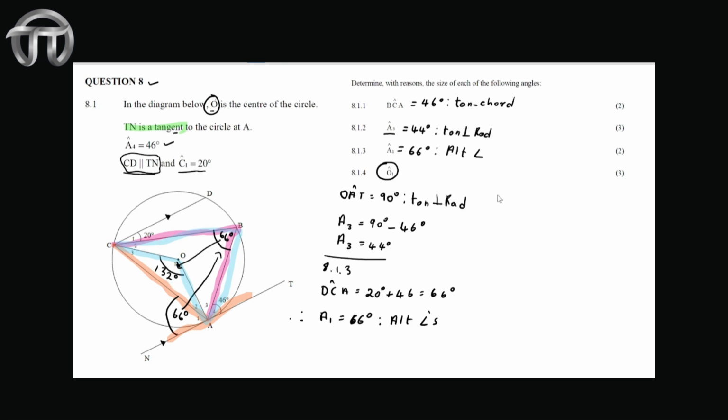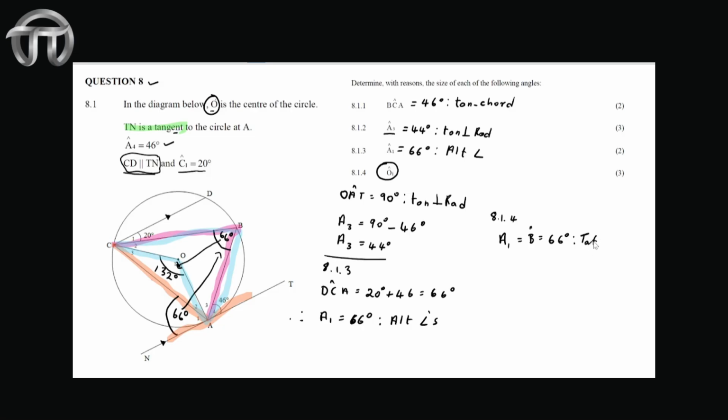So let us tidy it up and answer it correctly here. 8.1.4. What do we say? We start here by saying that angle A1 is equal to that angle there, B, which is equal to 66 degrees. Why do we say that? That is the angle between the tangent and the chord.